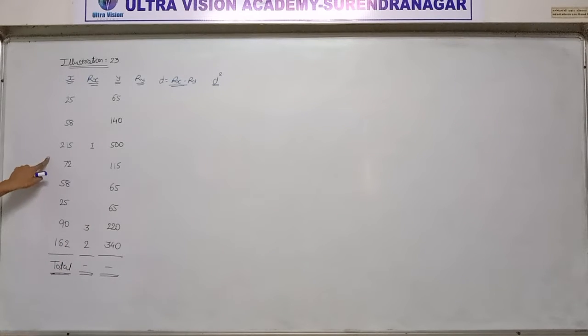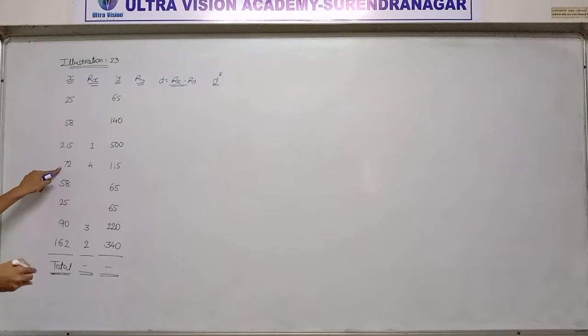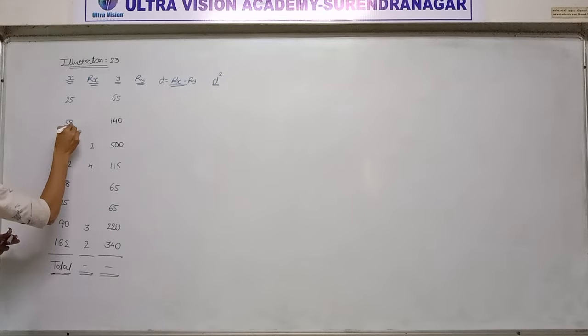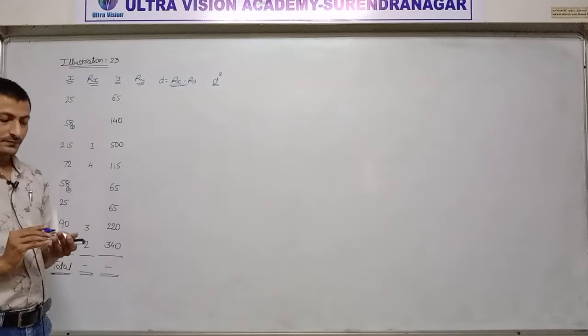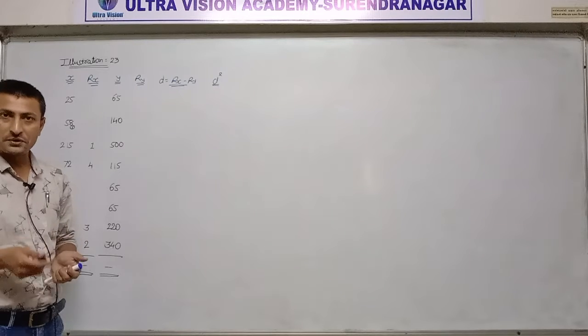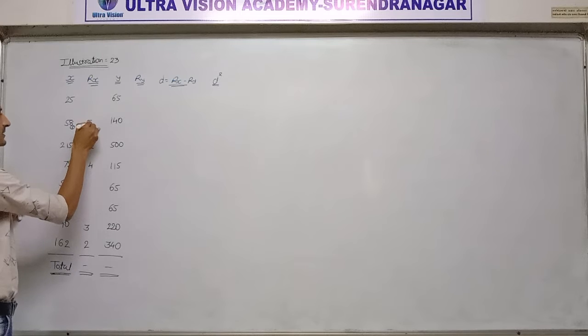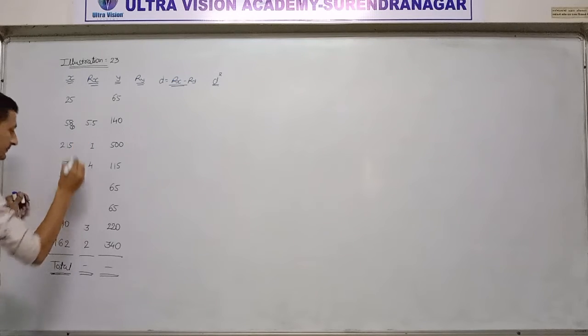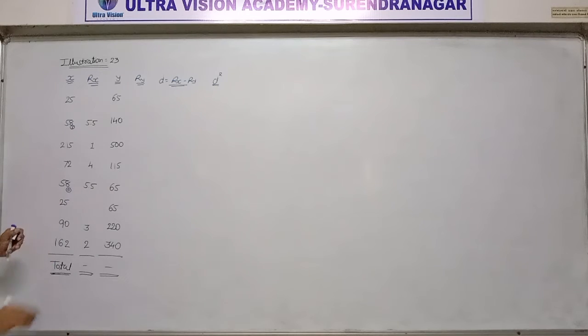Next, 72 is the fourth rank. Next, 58 is repeated two times, so ranks 5 and 6. Average: 5 plus 6 divided by 2. So both places get the rank 5.5, 5.5.